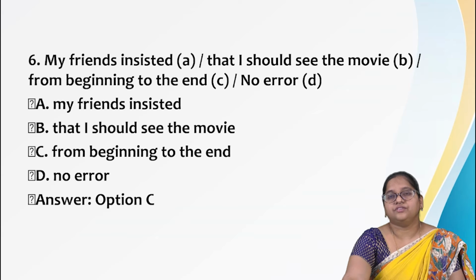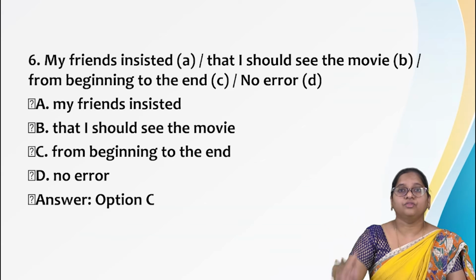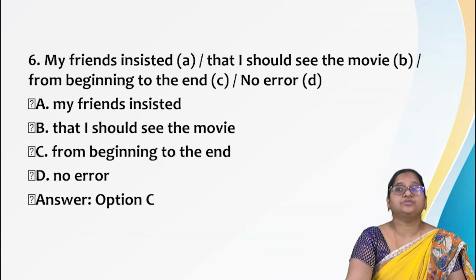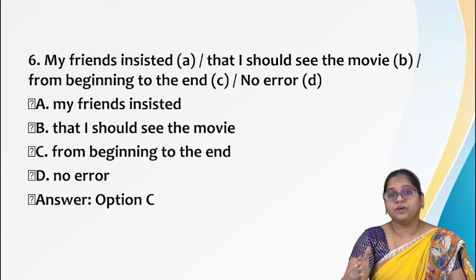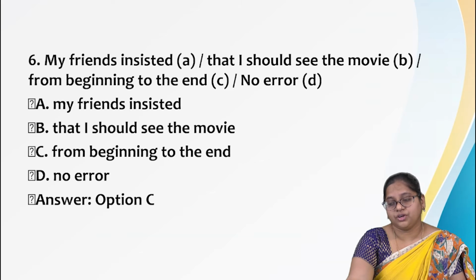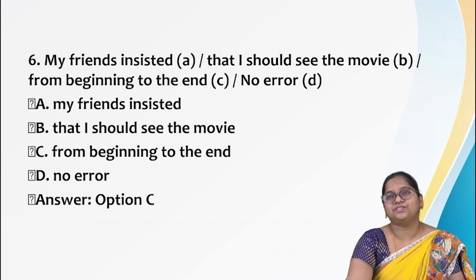If option C is the wrong answer, why is it wrong here? Generally, when you say from this end to that end, when you say from beginning, you have to realize that you have to take the definite article: from the beginning to the end.